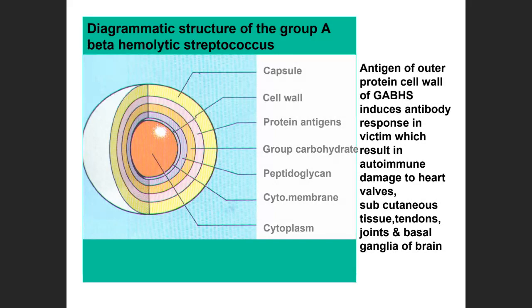This is a slide which looks at the structure of the group A beta hemolytic strep, showing the outer capsule, the inner cell wall, peptidoglycan, the cytoplasmic membrane, and the inner cytoplasm. It's proposed that the antigen of the outer protein cell wall of the strep induces an antibody response in the victim, which results in autoimmune damage to heart valves, subcutaneous tissues, tendons, joints, and the basal ganglia of the brain in the case of chorea.